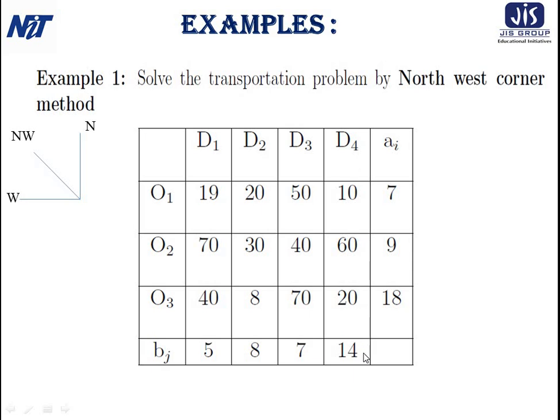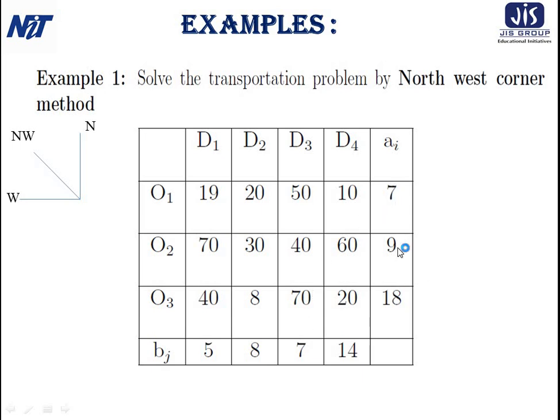So at first, we have to check whether this transportation problem is a balanced transportation problem or an unbalanced transportation problem. Because if the problem is unbalanced, then we cannot solve it. At first, we have to make it a balanced transportation problem. Then only we can solve the transportation problem. So what is the procedure? We have to find summation of Ai and we have to find summation of Bj. So what is the value of the summation of Ai? 7 plus 9 plus 18.